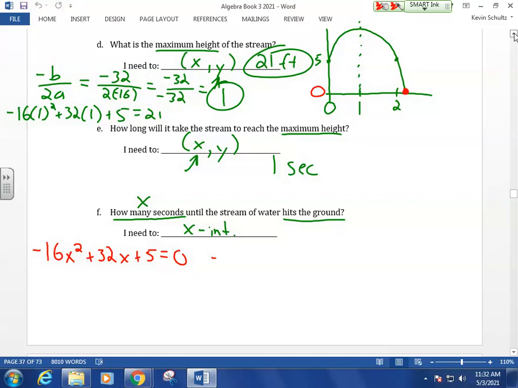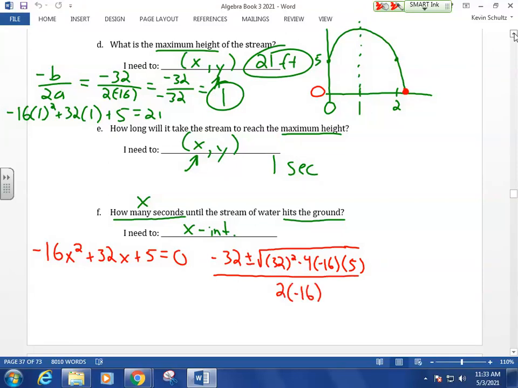So we get negative b, negative 32, plus or minus the root of 32 squared minus 4 times negative 16 times 5, all divided by 2 times negative 16. Because after all, when solving a parabola, we use the quadratic formula.